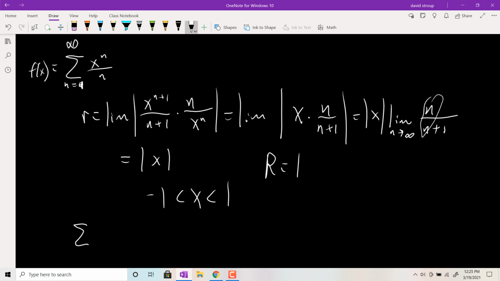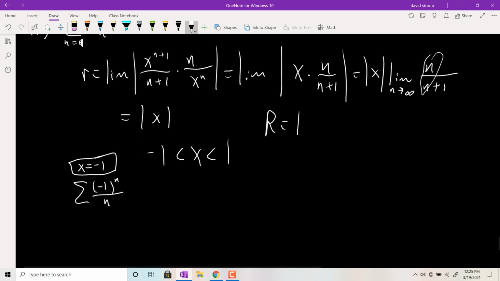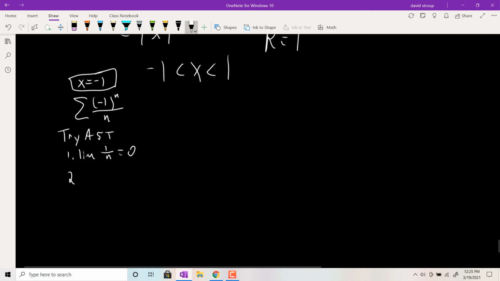So let's look at the first one, plugging in negative 1, so x is negative 1. So negative 1 to the n all over n. This looks like an alternating series, so try the alternating series test. The limit of the a sub n portion is 0, and then do the ratio test for monotonicity: 1 over n plus 1 divided by 1 over n. It's going to be n over n plus 1, which of course is less than 1.